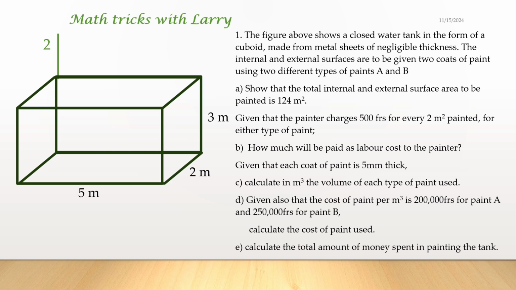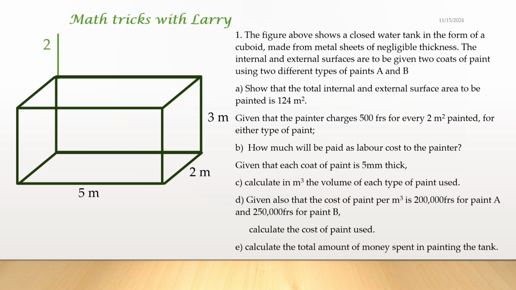B. Given that the painter charges 500 francs for every 2 meters square painted for either type of paint, how much will be paid as labor cost to the painter? C. Given that each coat of paint is 5 mm thick, calculate in meters cube the volume of each type of paint used.